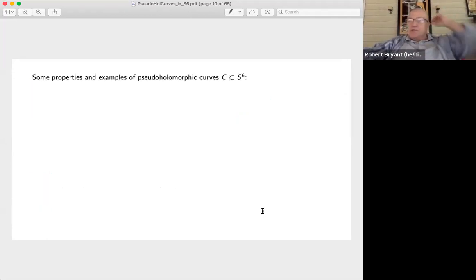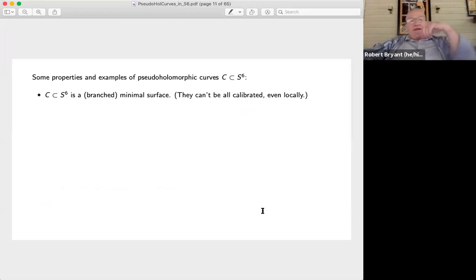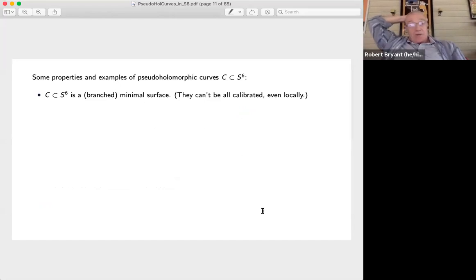Some basic properties. One is that even though S^6 is not a Kähler manifold, the pseudo-holomorphic curves are actually minimal in S^6. However, unlike in the Kähler case, they can't be calibrated even locally. That is, there's no open set that supports a closed 2-form that calibrates the almost complex curves sitting inside the open set.